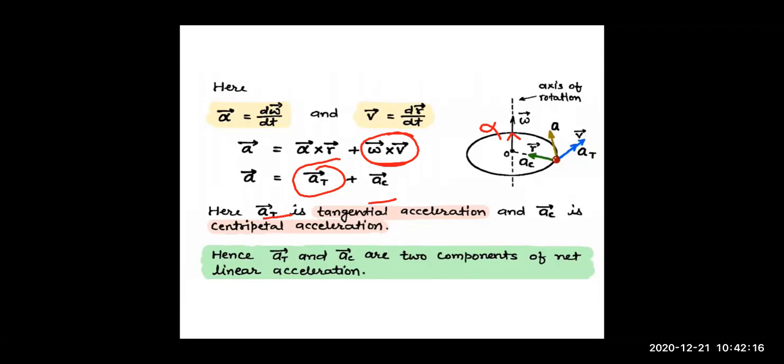So your AT is alpha cross r, that is tangential acceleration, and AC, which is the cross product of both the velocities, that is angular velocity omega cross linear velocity v, is known as the centripetal acceleration. So both tangential acceleration and centripetal acceleration are the two components of the linear acceleration.